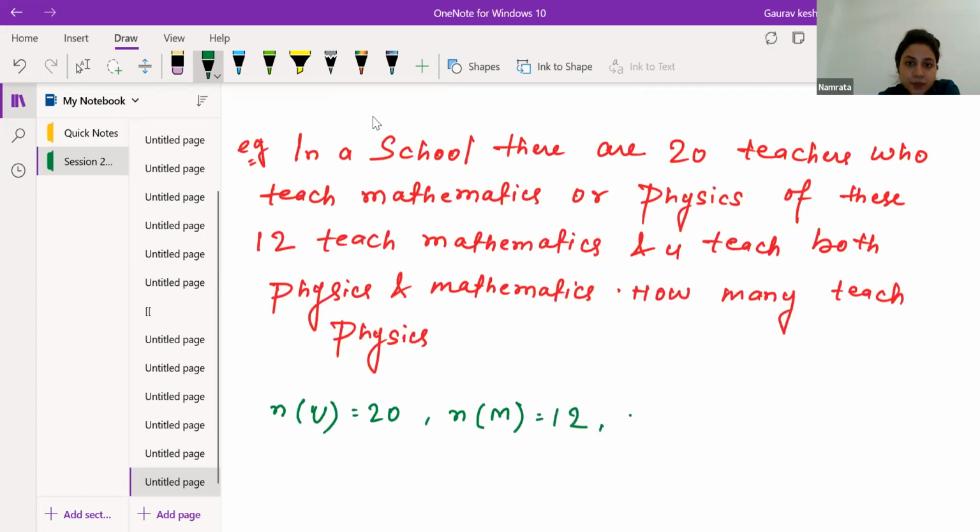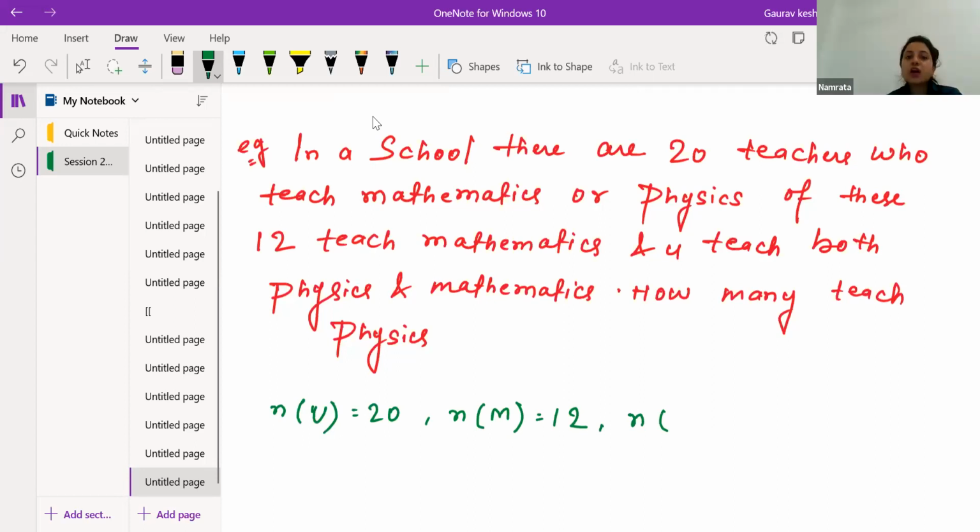And the number of elements that teach both physics and mathematics is 4.